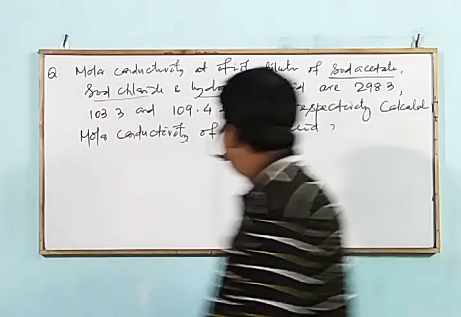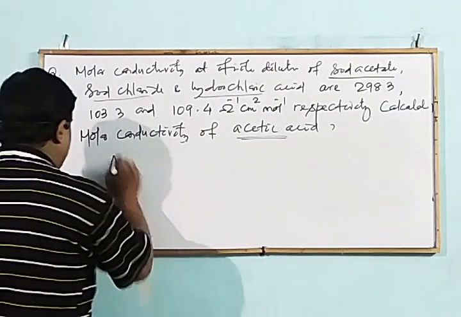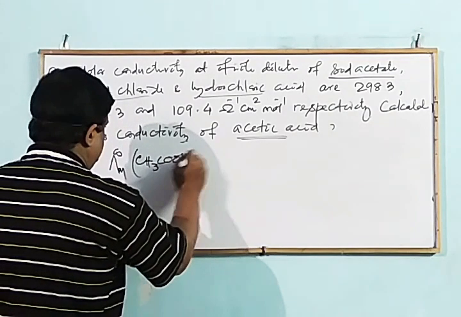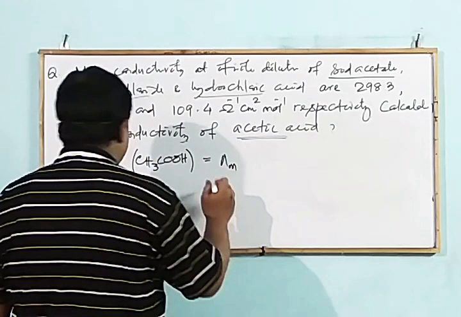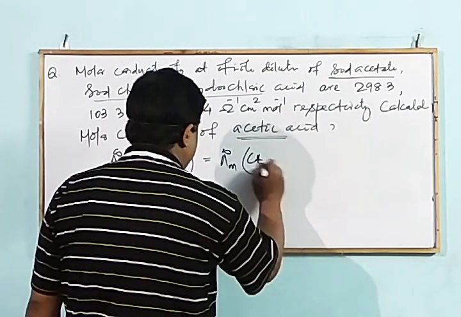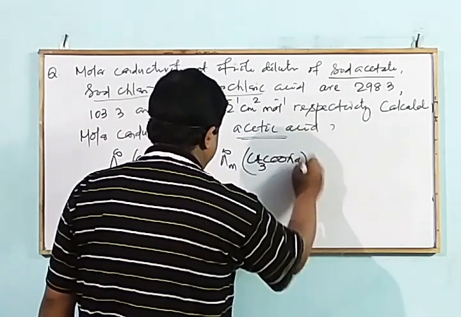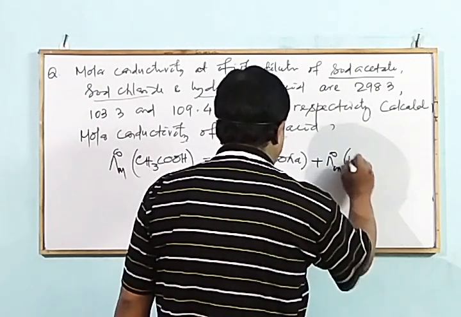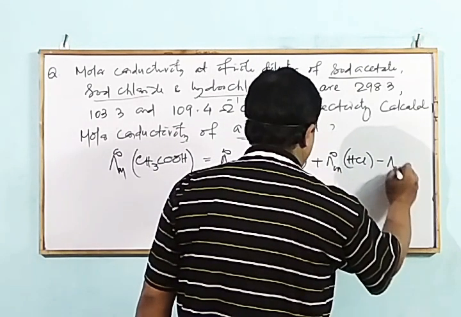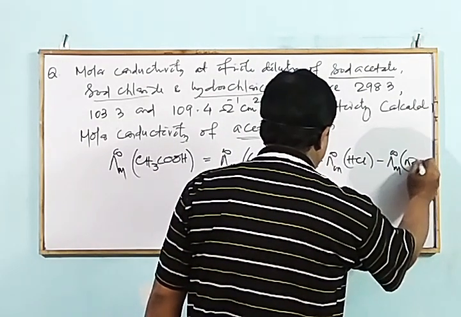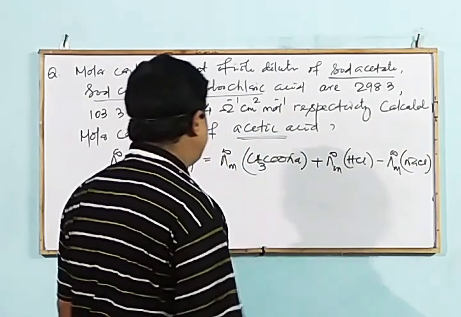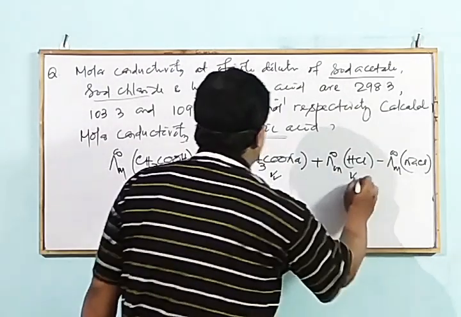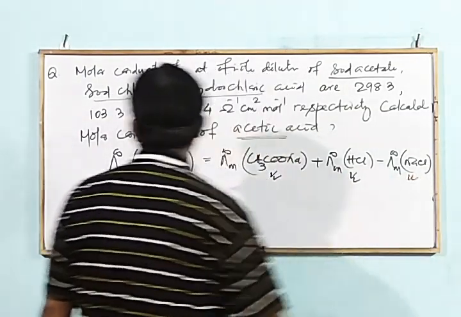Mark that: molar conductivity at infinite dilution of acetic acid is equal to molar conductivity of sodium acetate plus molar conductivity at infinite dilution of hydrogen chloride minus molar conductivity at infinite dilution of sodium chloride.